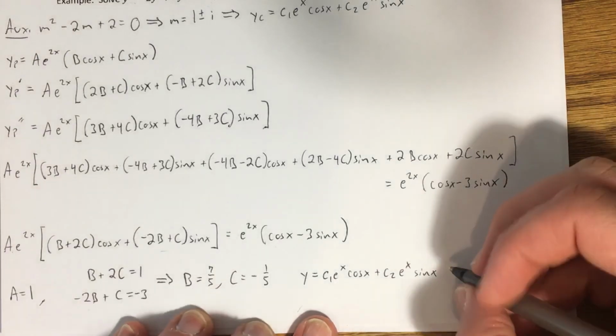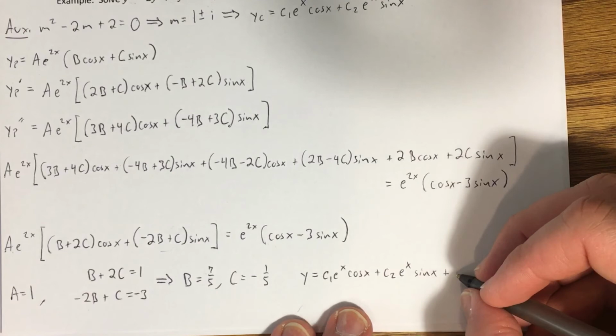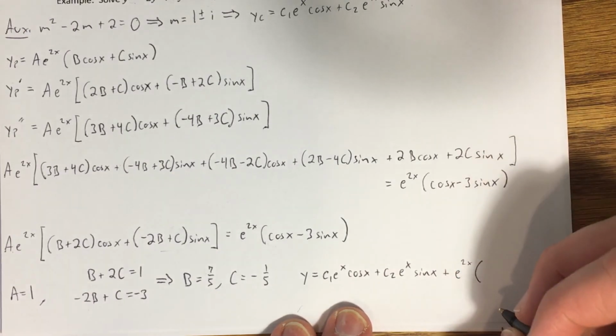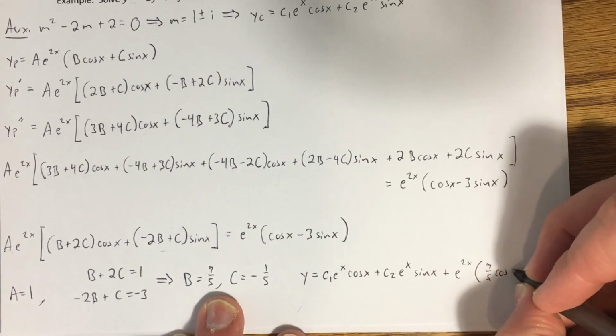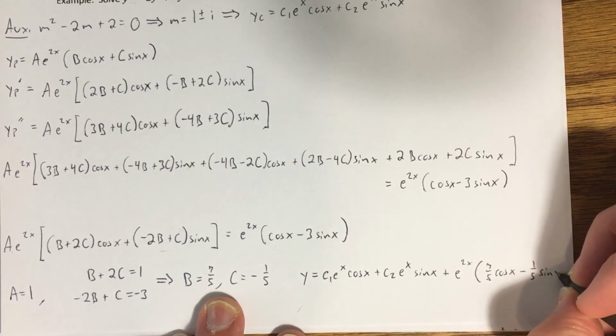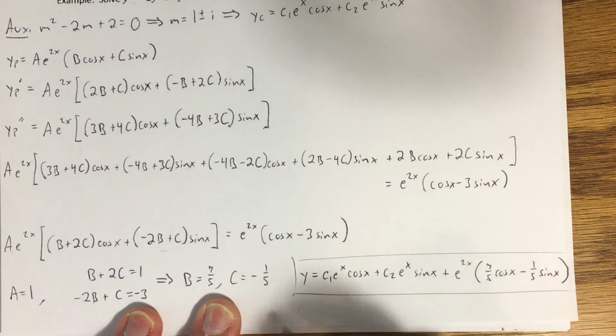So that's going to look like plus, a was 1, so that's just e to the 2x, times b cosine, so b was 7/5, minus 1/5 sine of x. That's our solution. Okay? Not too bad. Not too bad.